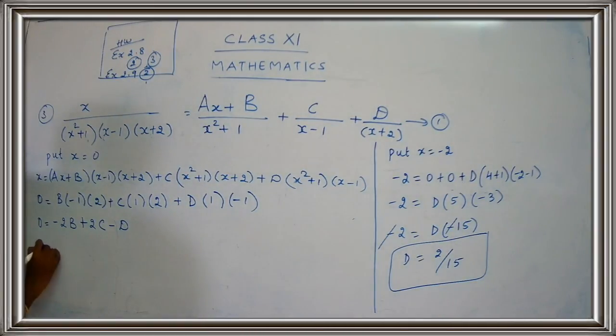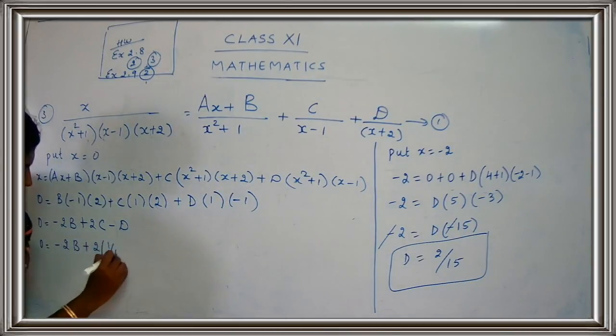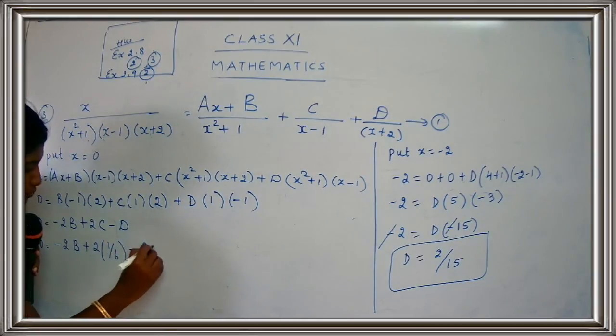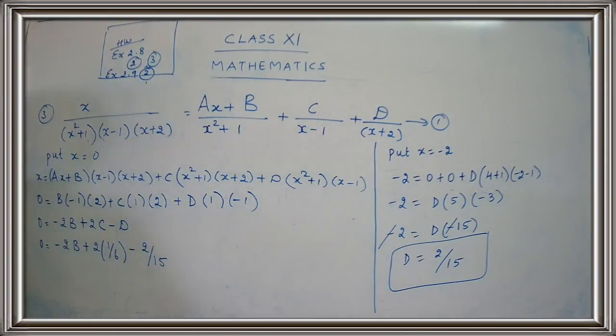So 0 is equal to minus 2b plus 2 into 1 by 6 minus 2 by 15.